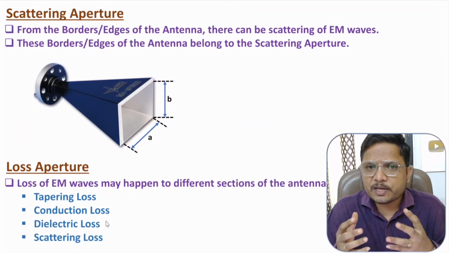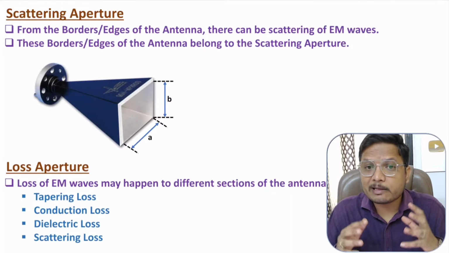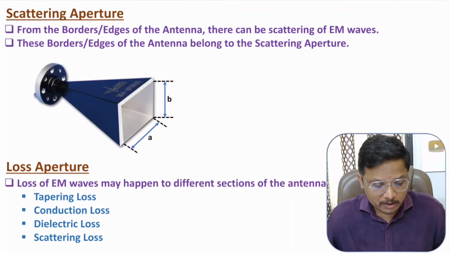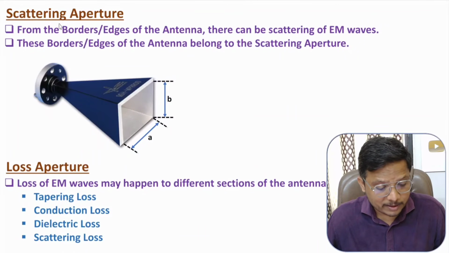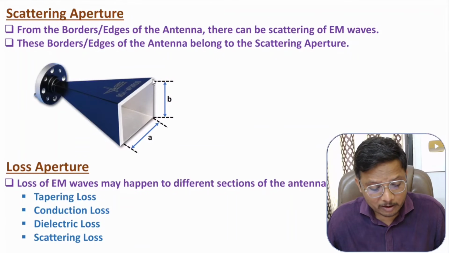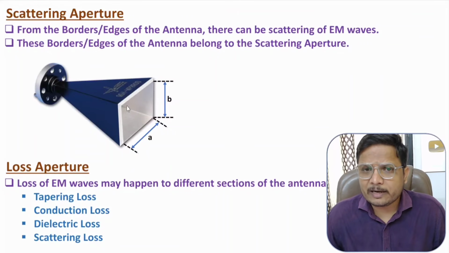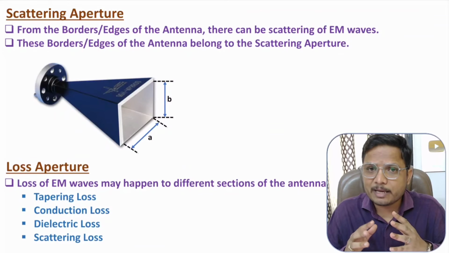In many antennas we use dielectric material, and dielectric material has a loss tangent which absorbs electromagnetic waves, right? So because of the loss tangent of dielectric material, there can be dielectric loss with any antenna, as well as scattering loss. As I have explained, with different areas we may have scattering loss, like on the edges or on the borders of the antenna. On the edges or border of the antenna there is always a possibility of scattering of electromagnetic waves, because of which there may be loss.